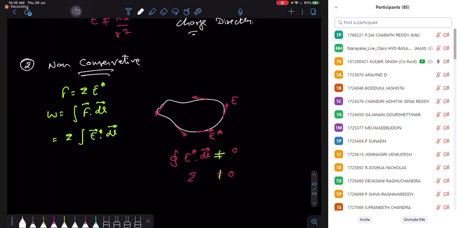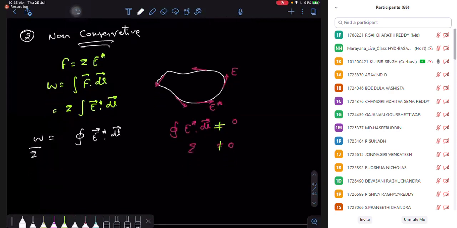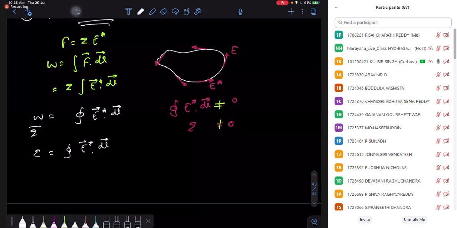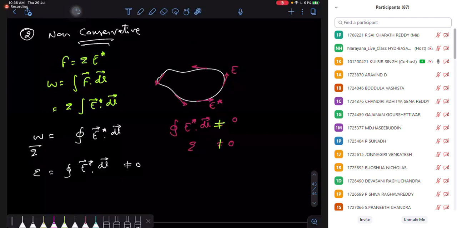So in my closed loop, the work done in my closed loop per unit charge is going to be my EMF. And this EMF is according to Faraday's law. How much is that EMF? This EMF is not zero, right? So it means work is also not zero. So it is non-conservative.